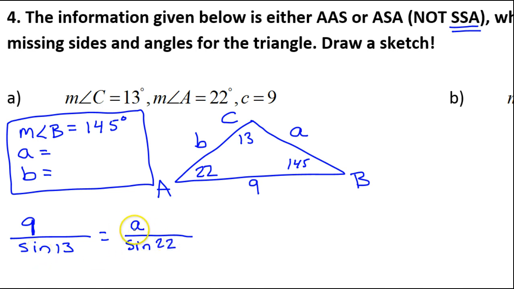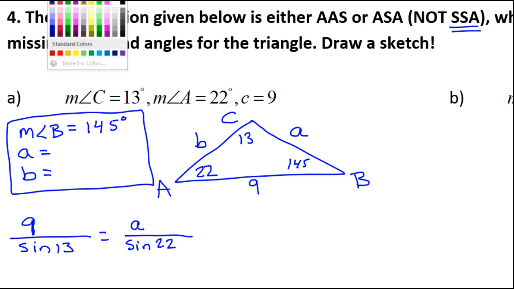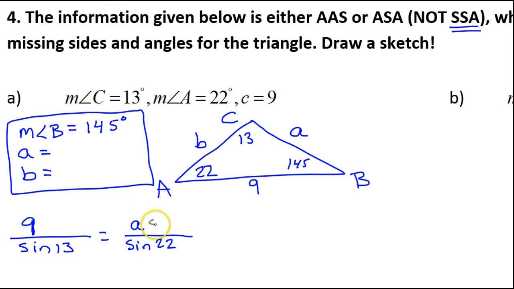So if I want to solve this for side A, then I need to multiply by the sine of 22 degrees on both sides. That way these will cancel each other out, and that will give me side A. So I'm going to put this entire expression into my calculator right now.